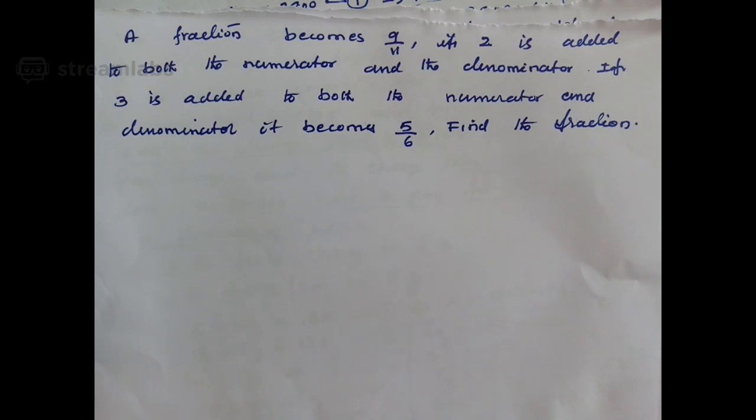If 3 is added to both the numerator and denominator, the fraction becomes 5 by 6. Find the fraction. So you have to frame the fraction and you have to solve it.